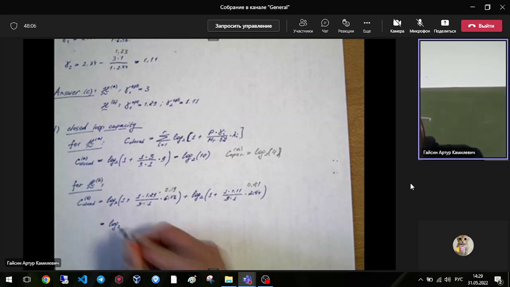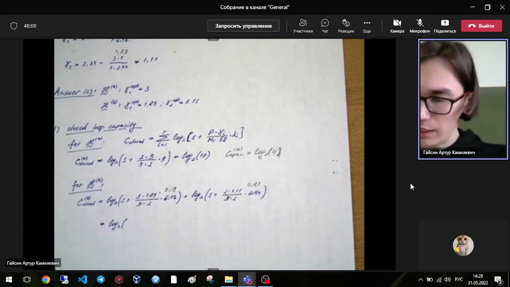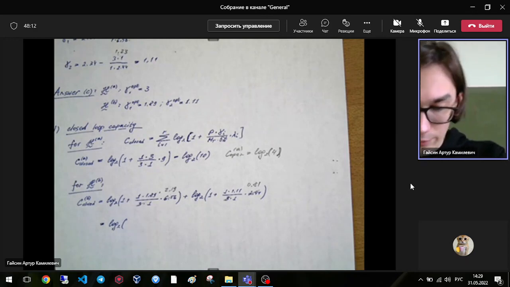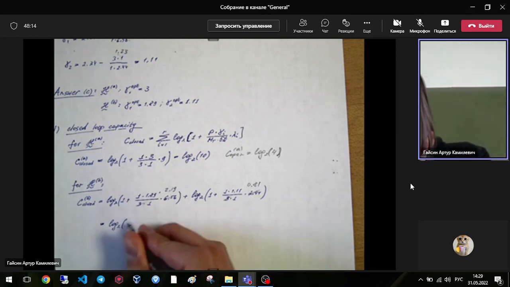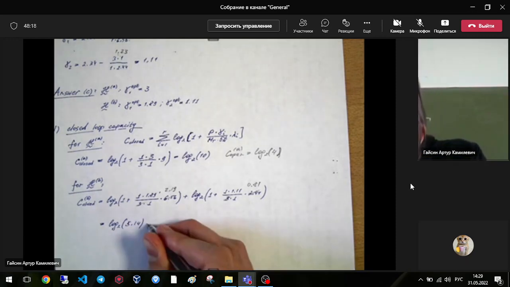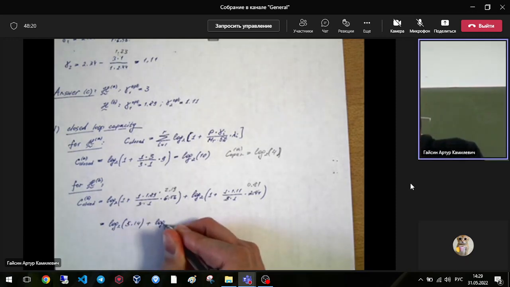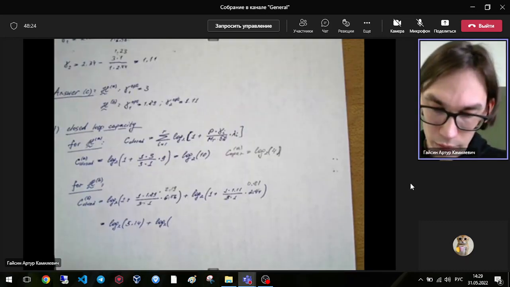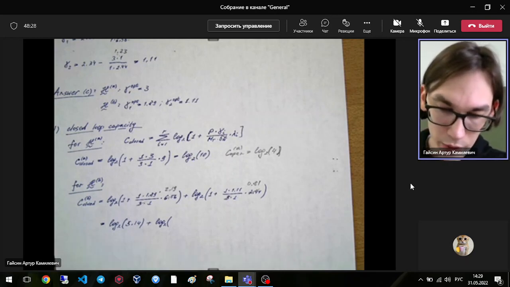So if we use calculators for these tasks, first one, it is 5.14, I think, approximately. And second logarithm, it is 1.11 multiplied by 0.81 plus 1.